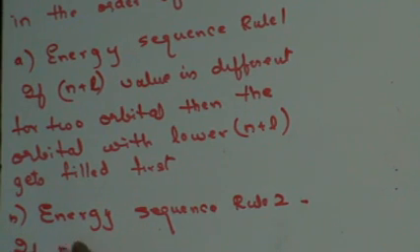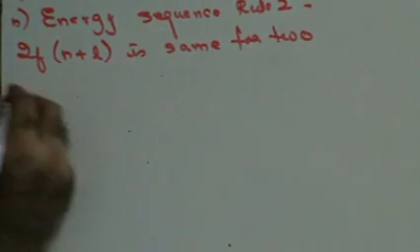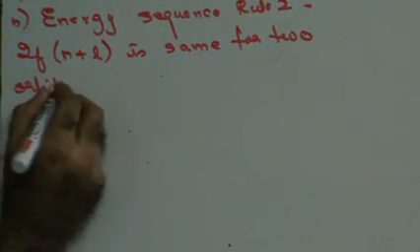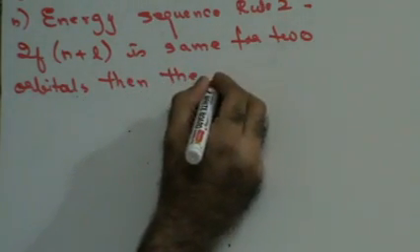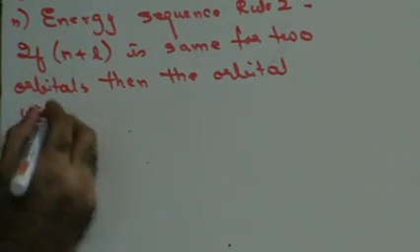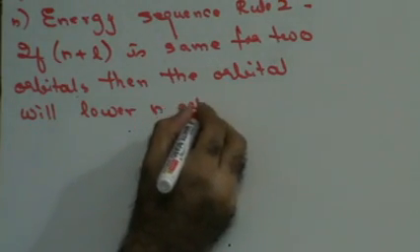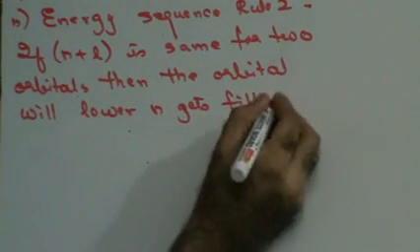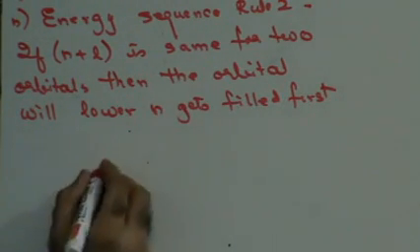If n plus l is the same for two orbitals, then the orbital with lower n gets filled first. Lower n gets filled first. Now see, how do I do this? I'll explain this rule to you with the help of a diagram.